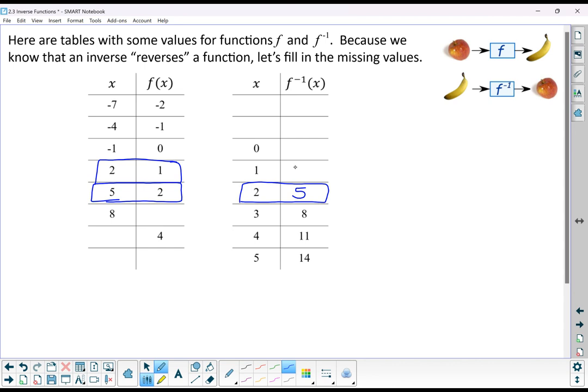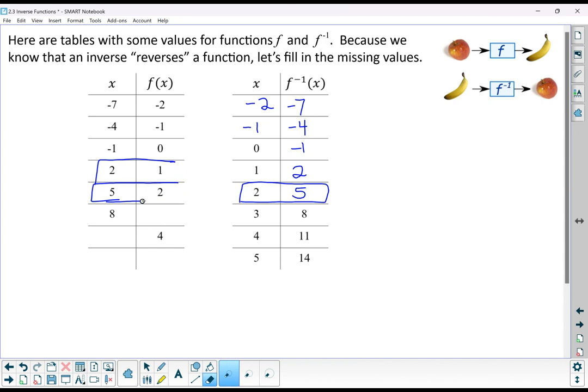So for f inverse, if I input a 1, I'm going to get out a 2. For function f, if I input a -1, I get a 0. So for f inverse, if I put in a 0, I get a -1. If function f turns a -7 into an output of -2, function f inverse would take a -2 and output a -7. These two functions just reverse the actions of each other.